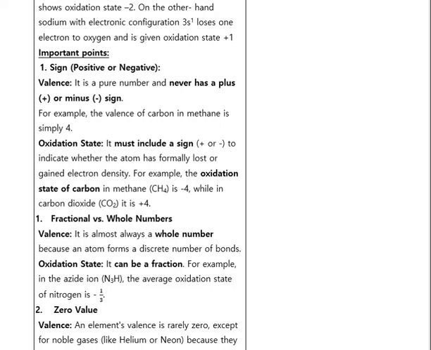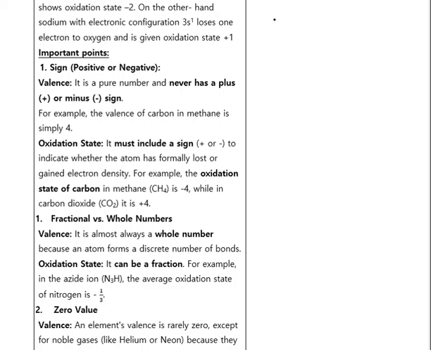To distinguish between the two, sign positive or negative: when we are considering the valence, it is a pure number and never has a plus or minus sign. In valence, there is no plus sign or minus sign. However, when we consider a plus sign or minus sign, it will be oxidation number.